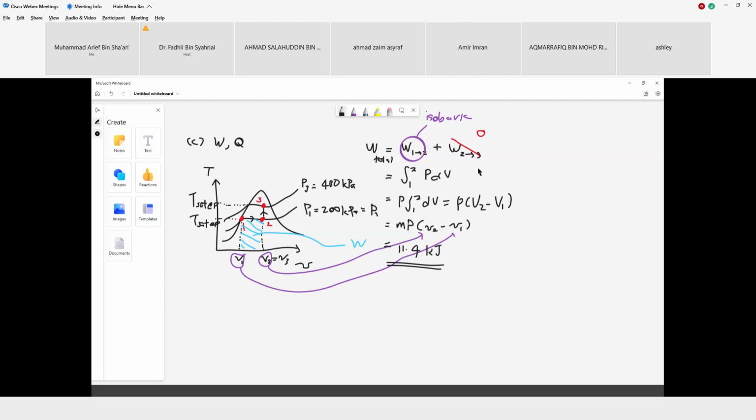Okay, next for Q. So Q, we apply the energy balance equation. Net E in minus W out equal to delta E system.